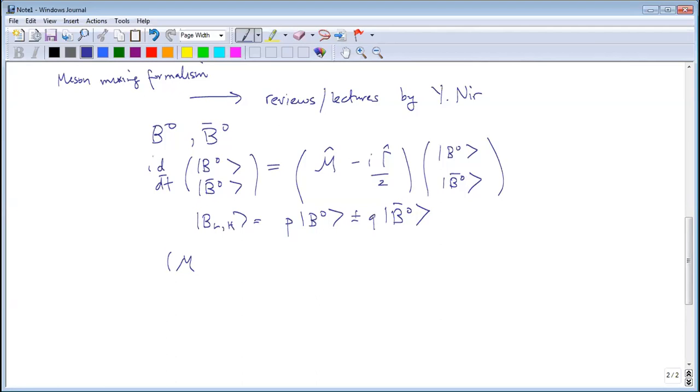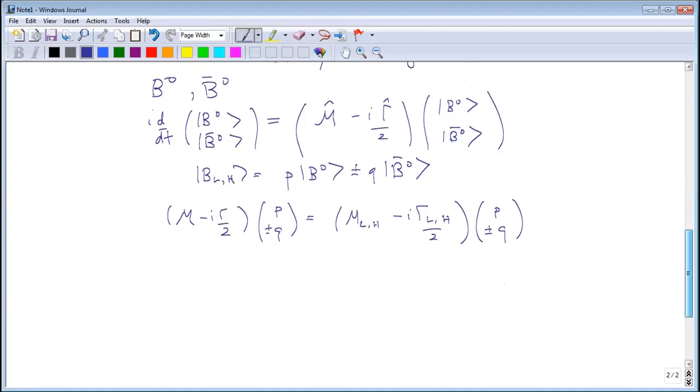So we have M minus i gamma over 2 acting on p plus or minus q, equal to M light or heavy, the mass eigenvalue, minus i gamma light or heavy, the decay, on the p plus or minus q. And you can from there solve.